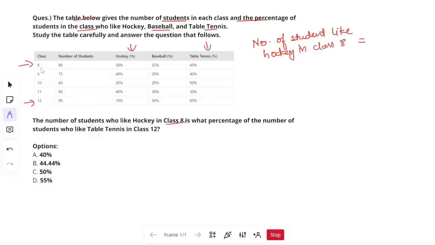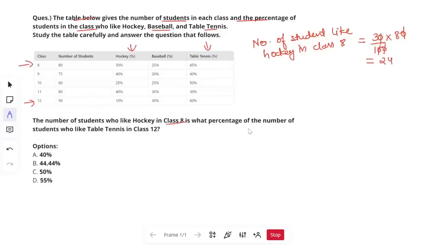If you see, class 8 is this and hockey is 30%. So 30% of 80 students like hockey. We can write 30% this way, 30 upon 100, and of 80 will be this one. If we cancel out the zeros, 3 8s are 24. There are 24 students who like hockey and they are in class 8.